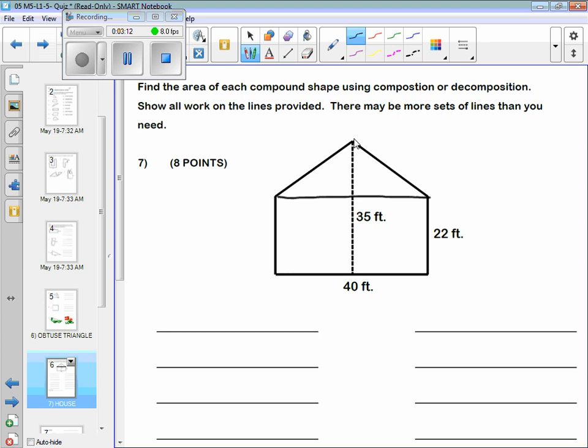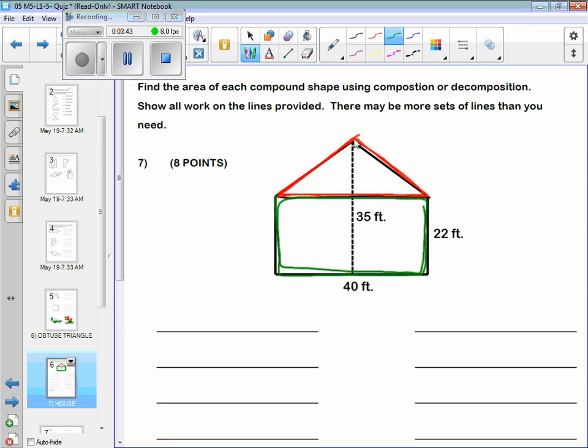I'm going to outline it just to show it to you, and I'll color code it so you can see how each piece relates to the formula that I'm going to write. I now have a rectangle and I have a triangle. You have to make one of those 2 shapes whenever you see something like this. This is called a compound polygon.